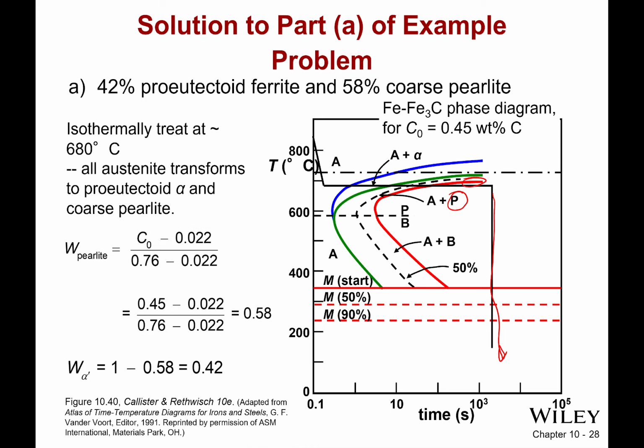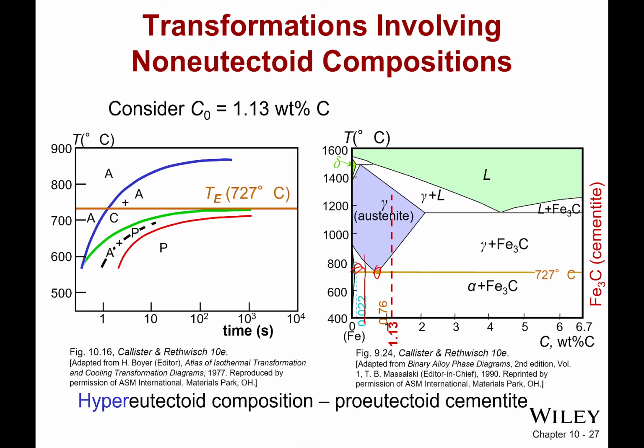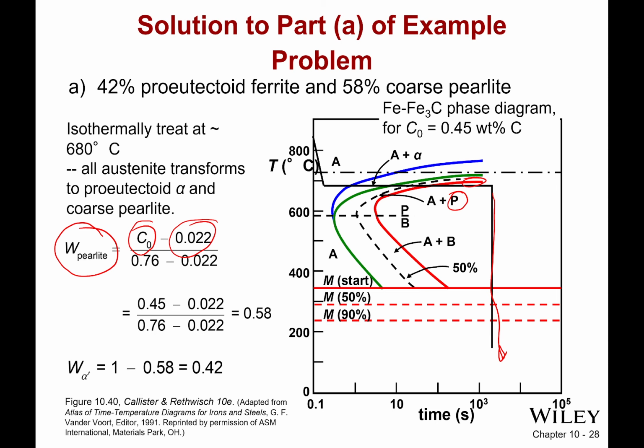And what's the weight percentage? Well, how much you get is based entirely on the composition of your alloy. So, for example, if I want to figure out the weight fraction of pearlite at the end, it's equal to my carbon concentration minus that ferrite point, going back one slide, that 0.022, over my eutectoid point minus that ferrite point again.